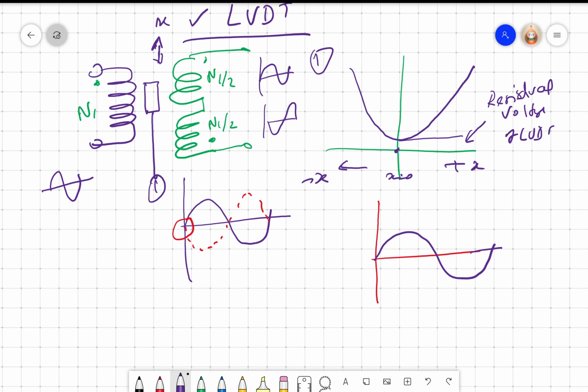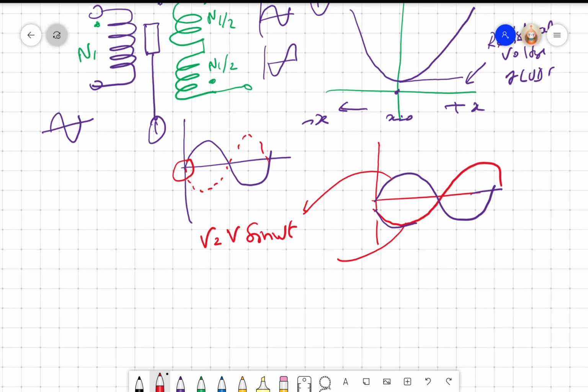The bottom one will have a small phase shift, right? Which means I have root 2V sine omega t, that is this, and this would be root 2V sine omega t plus phi, right? At no point will I get a 0 voltage. So because of this phase shift, I will get a residual voltage.